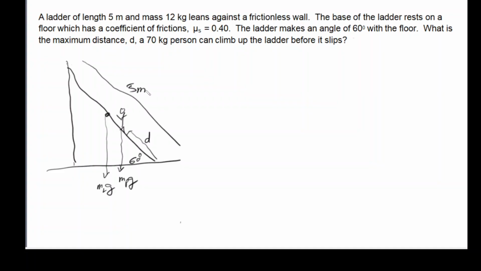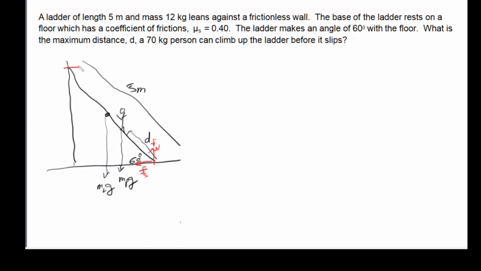Now let's look at the other forces that we have. You have a force of friction of the floor on the ladder. You have a normal force of the floor on the ladder.